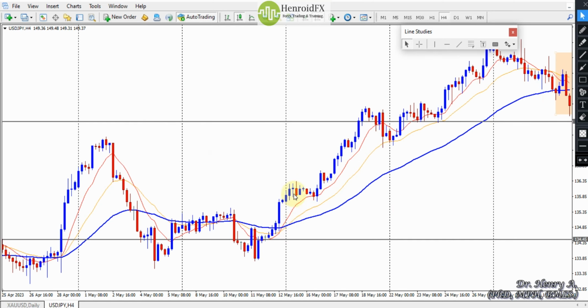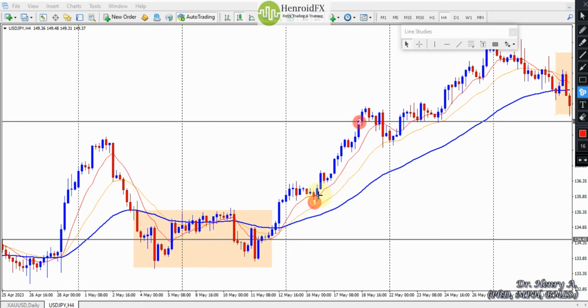Now when it moves like this, after this accumulation phase, you wait for it to break out. Then wait for the retest, wait for a retracement. Once you get a retracement to this second zone, the 20 EMA, then you can take your entry at this point, and then you plan for your take profit here.